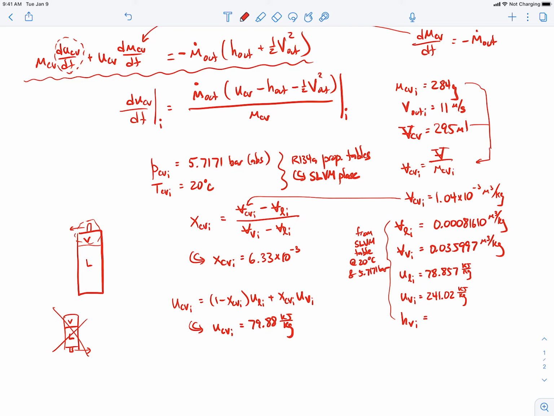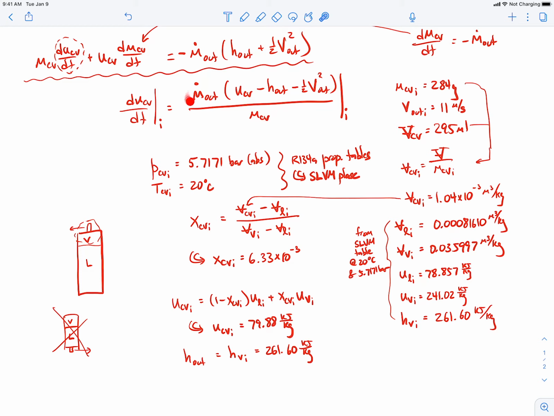When I look that one up, that'll be 261.60 kilojoules per kilogram. Again, it depends on what table you use. So I'll just make a note here, h out is the specific enthalpy of the saturated vapor initially, which is the 261.60 kilojoules per kilogram that we find in the table. All right, so now I have everything in parentheses here.